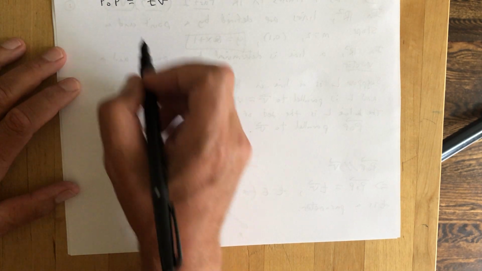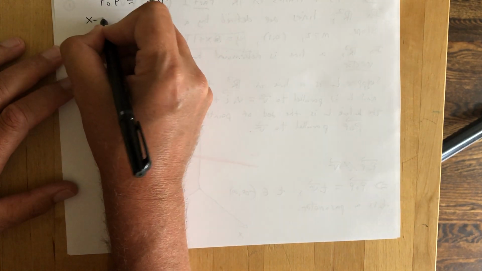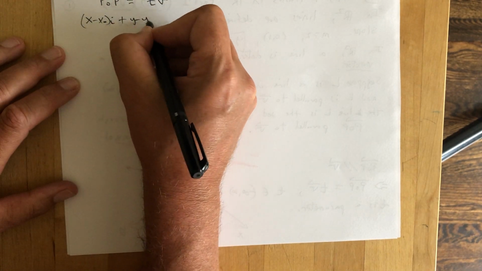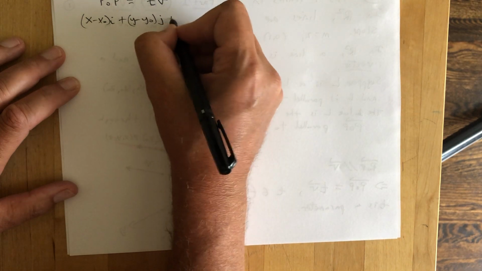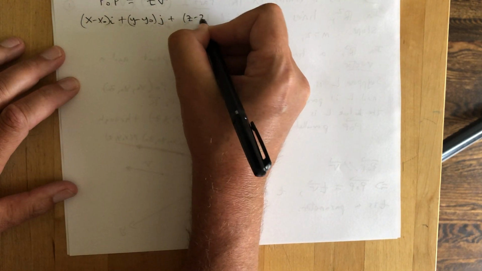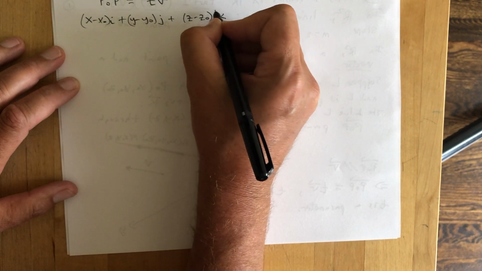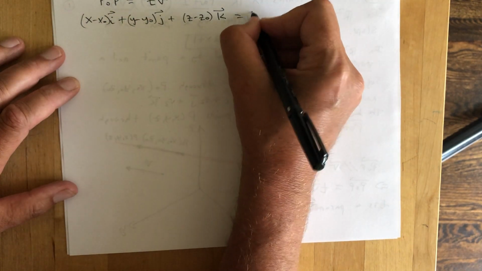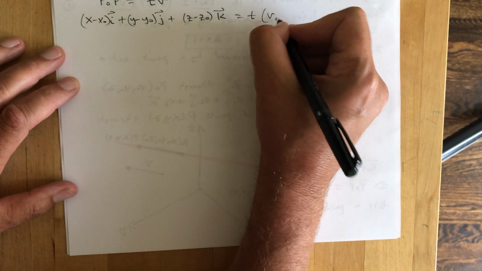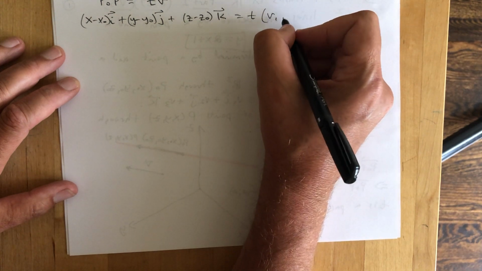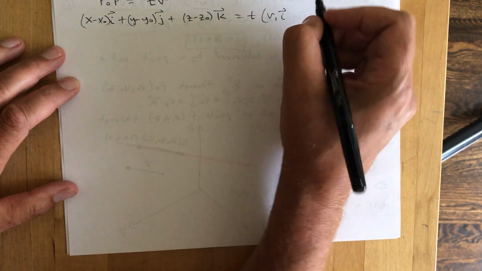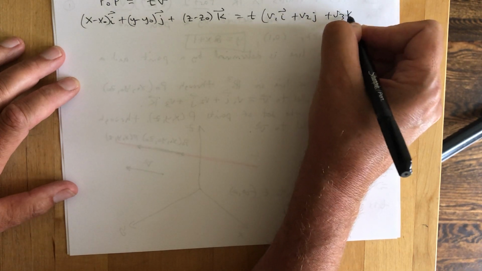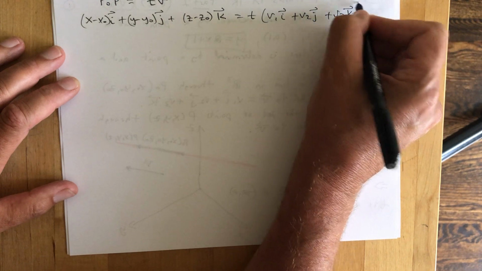So P naught P has the coordinates x minus x naught i plus y minus y naught j plus z minus z naught k. And this guy is going to equal t times the vector v, which we defined before as v1i plus v2j plus v3k.